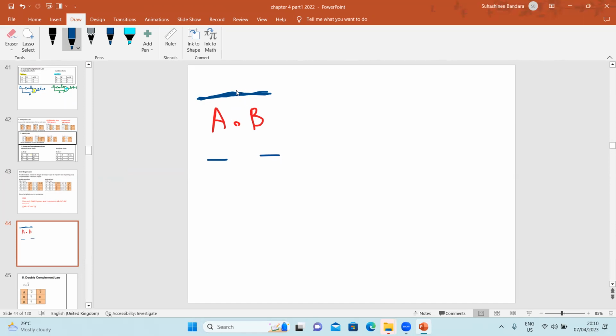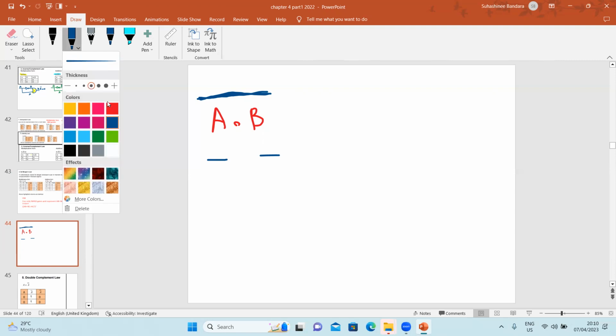So the rocket is going on top of what? The dot. Dot means multiplication. If the rocket moves on top of the dot, that means if there is a bar on top of the dot multiplication, the bar is going to divide into two parts.